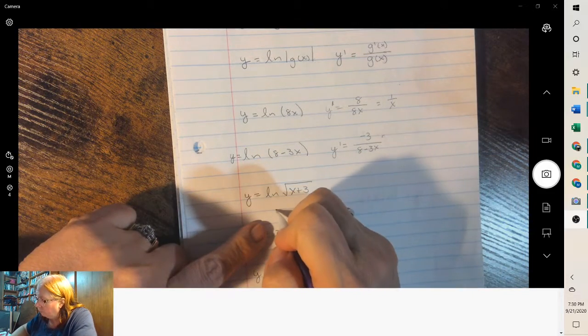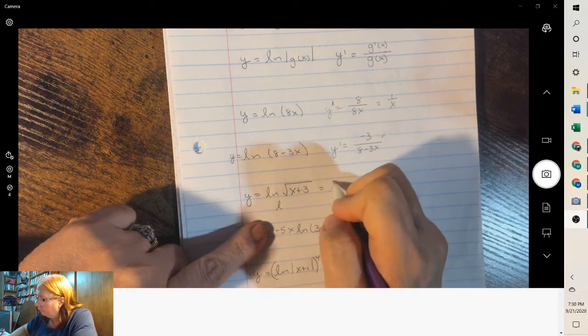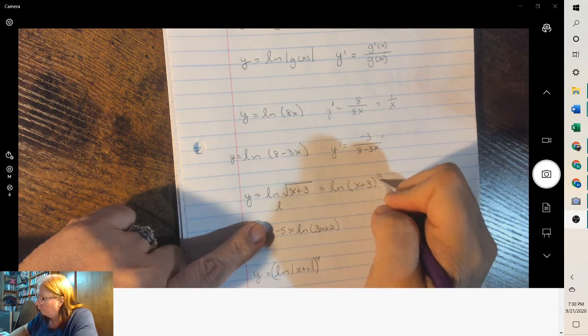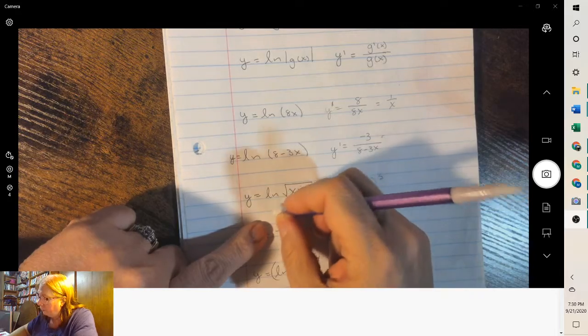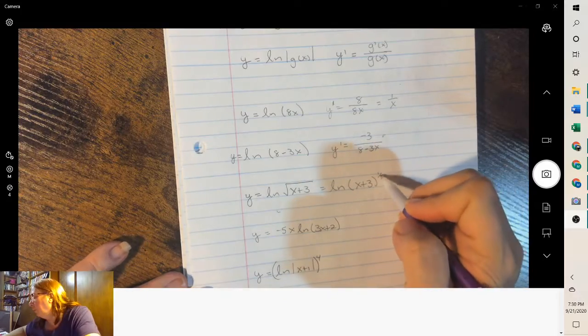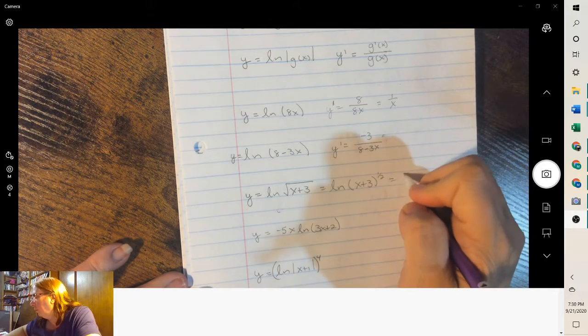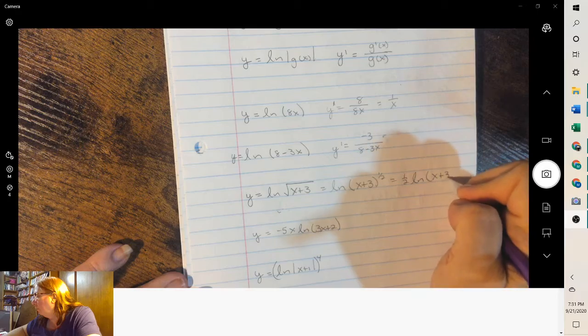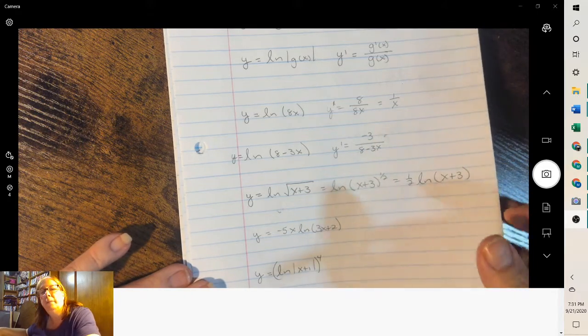This one, we need to rewrite it first. And then if you remember your natural log rules, when you have an exponent, you can bring it in front. So we're taking the derivative of this.